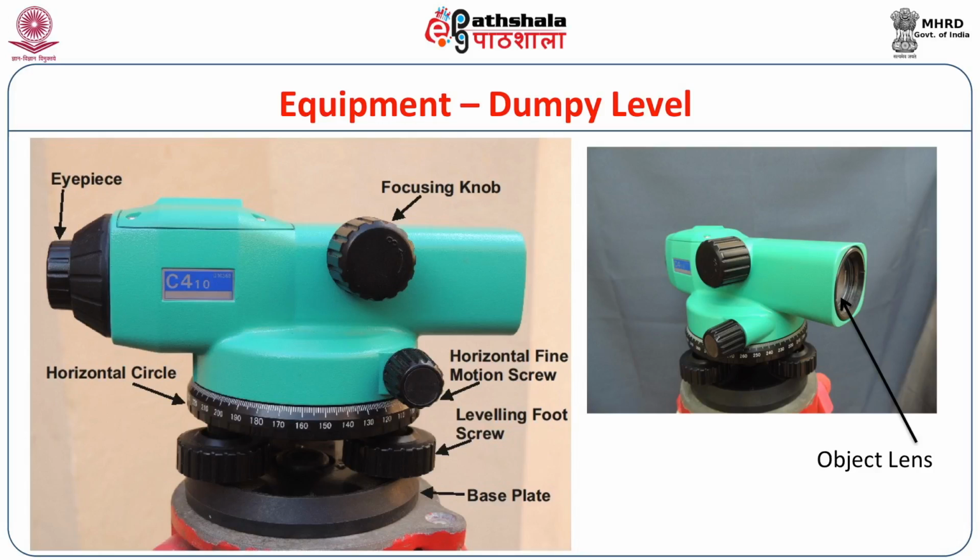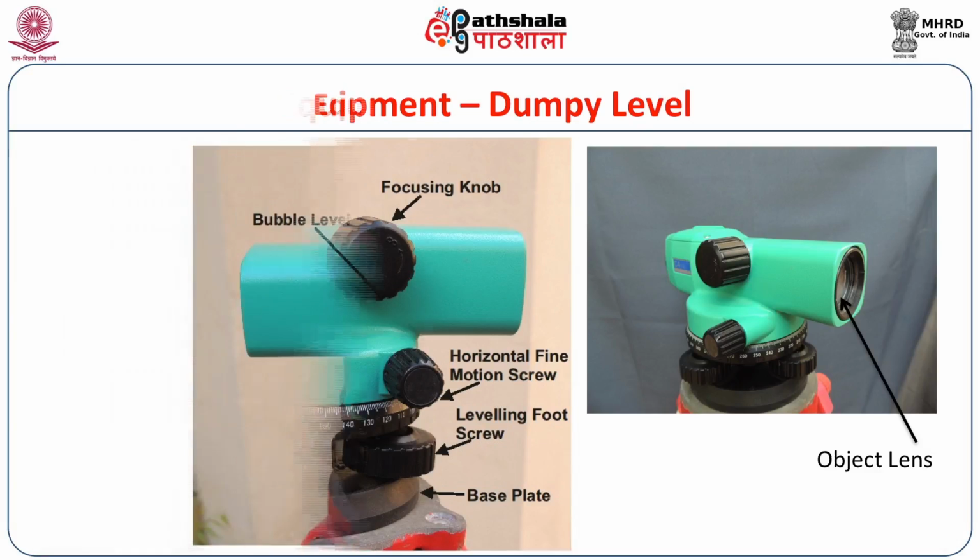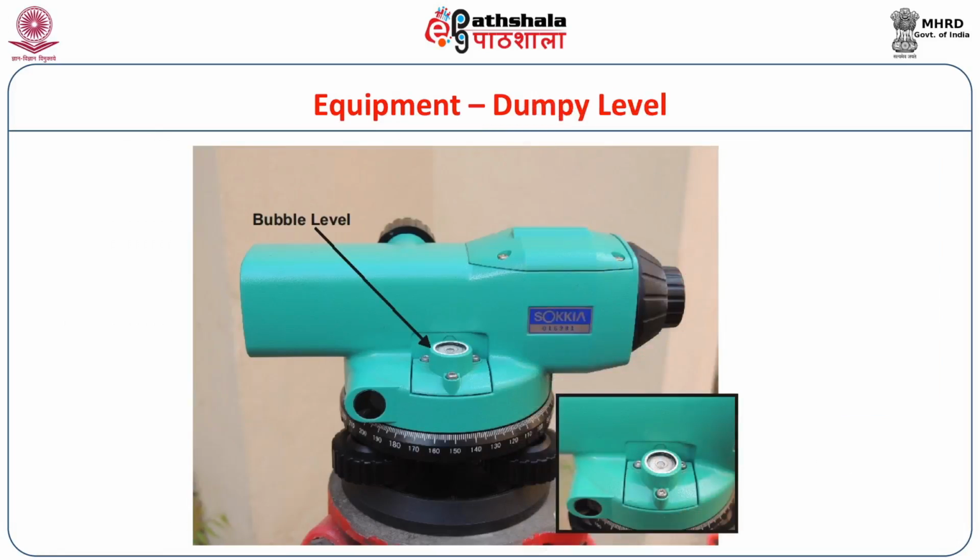On the front side, there is the objective lens, which helps us in taking the readings in a very clear manner. And for leveling the instrument, we use a bubble level, which is usually also known as circular level, which is mounted on or attached to the instrument itself.